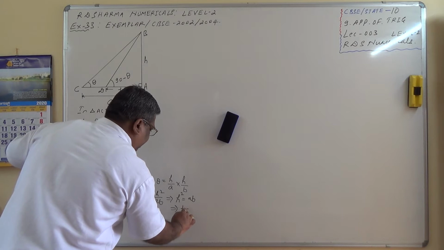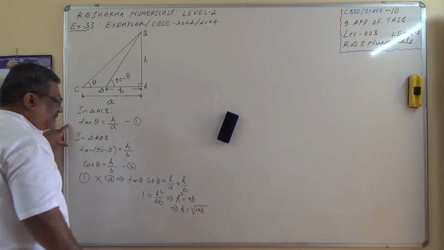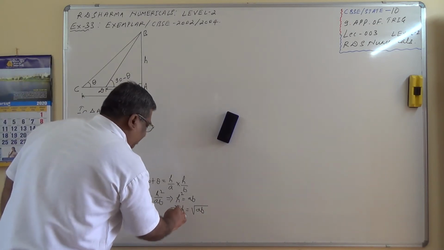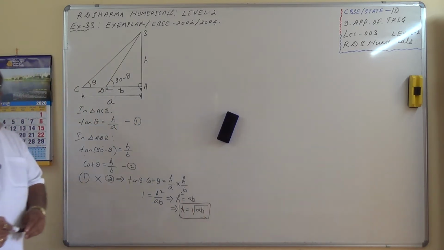H equals plus or minus the square root of AB, but these are heights, which are distances, so we consider only the positive value: H equals the square root of AB. Note this down.